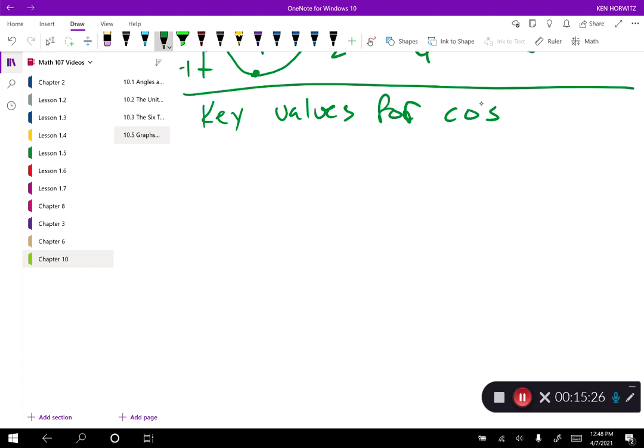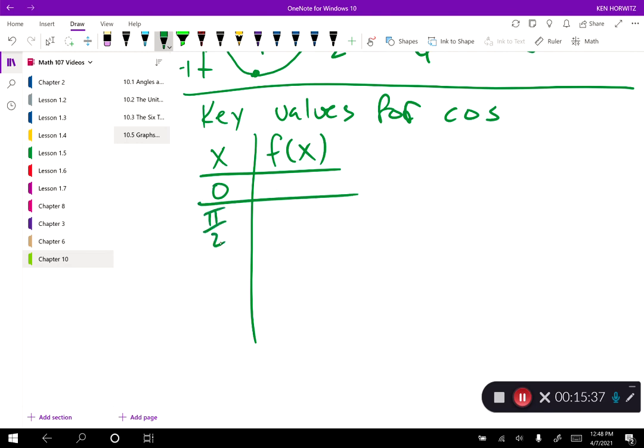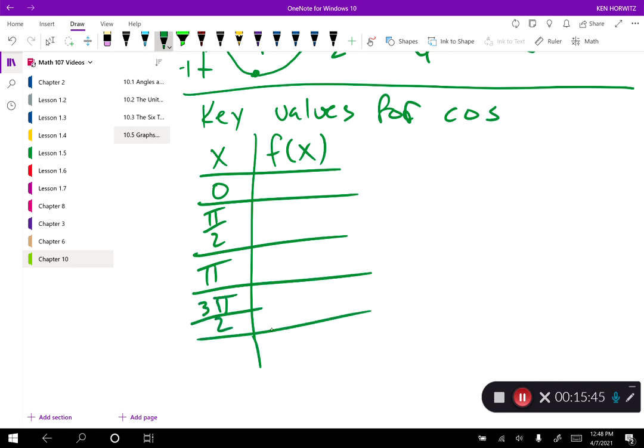So again, they're going to be zero, pi over 2, pi, 3 pi over 2, and 2 pi. The key values for the other trig functions, the tangent, cotangent, secant, cosecant, will be different. But for sine and cosine, they have the same key values, makes things a whole lot easier.